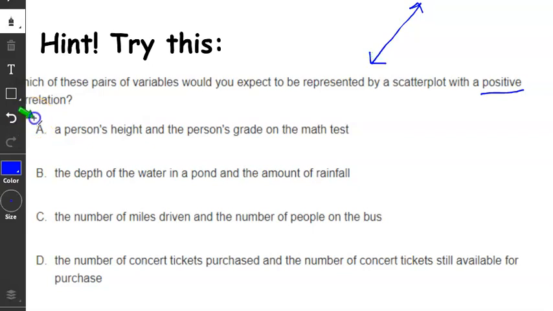Person's height? Absolutely not. How about the depth of the water in a pond and the amount of rainfall? The more water, the more rainfall. It is actually B. Okay, so now what I want you to do is go through C and D and determine why those two are not positively correlated.